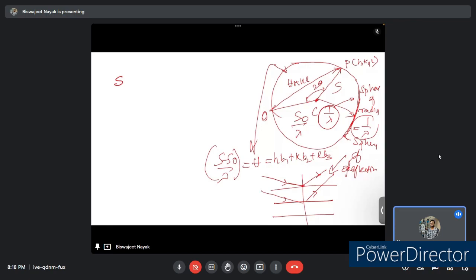Then the condition for diffraction from this HKL plane is that the point HKL in the reciprocal lattice, point P here, touches the surface of the sphere, and the direction of the diffracted beam is S by lambda.